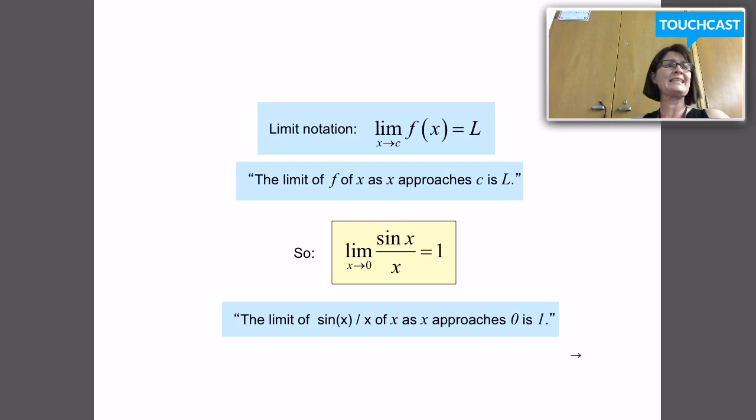So ladies and gentlemen, here is limit notation. I would read this as, the limit of f of x as x approaches c is L. In that example we just looked at, the interesting place was where x equals 0. I would say that the limit as x approaches 0 of sine x divided by x is 1.